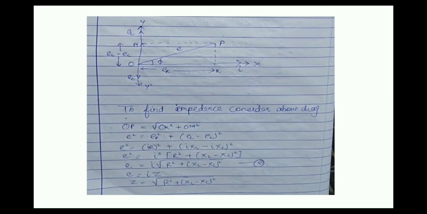Whereas EL leads the current by pi by 2 radians, and hence vector EL is drawn in the positive direction of the y-axis. The voltages across L, C and R are given by EL equals I into XL, EC equals I into XC and ER equals I into R. That is equation number 1.